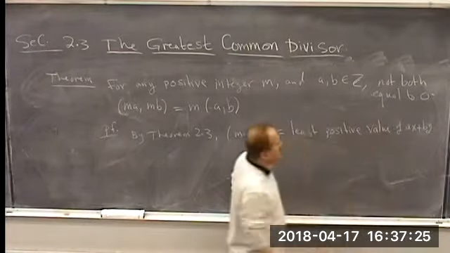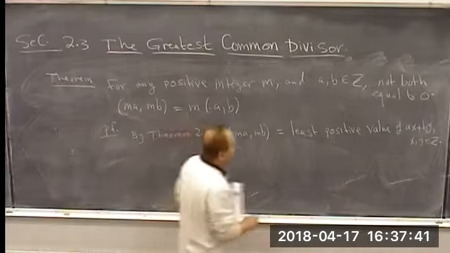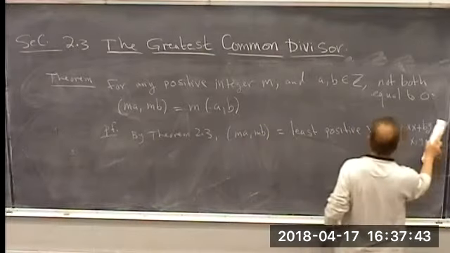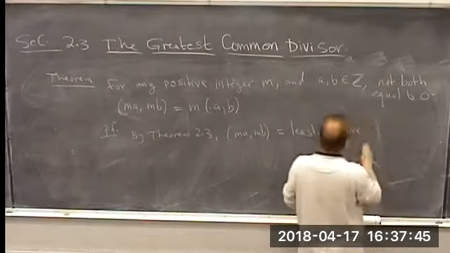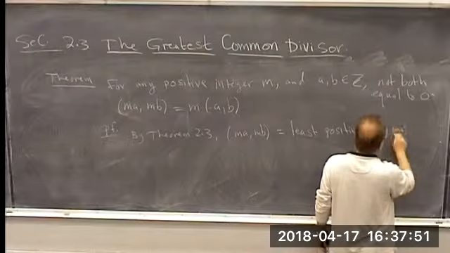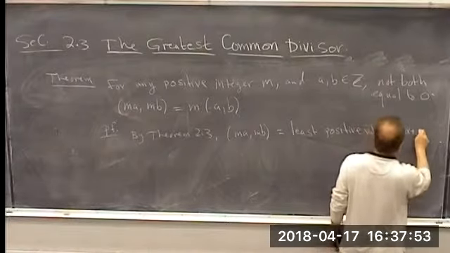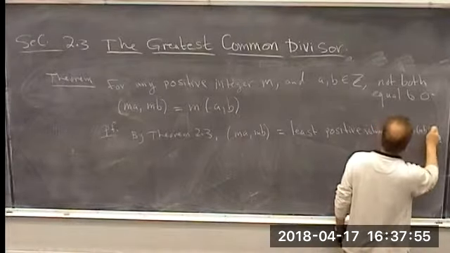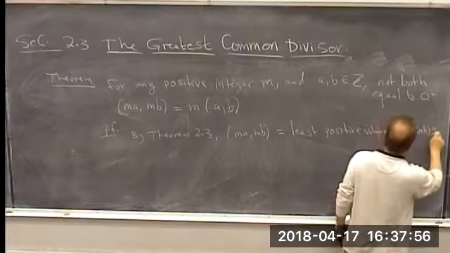Sorry, I need the least positive value of mA times X plus mB times Y, where X and Y again range over the integers.